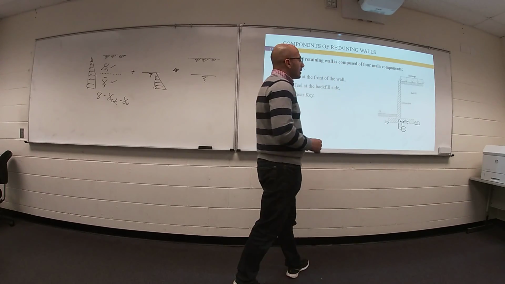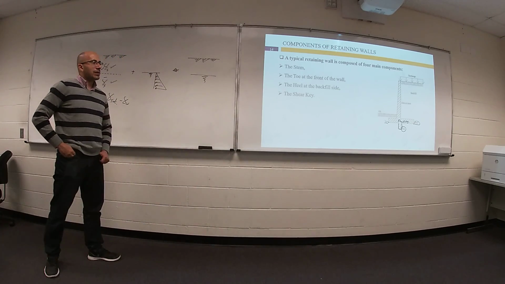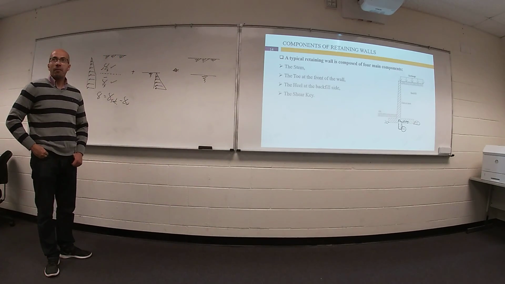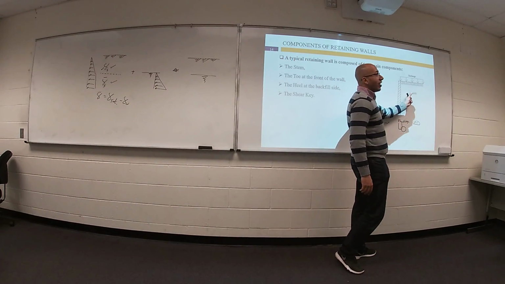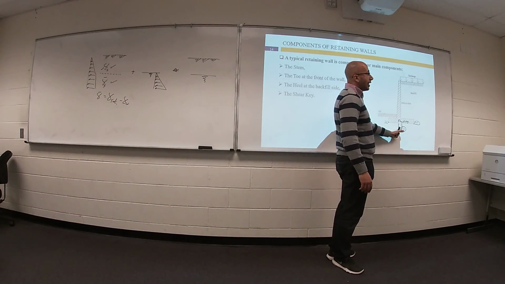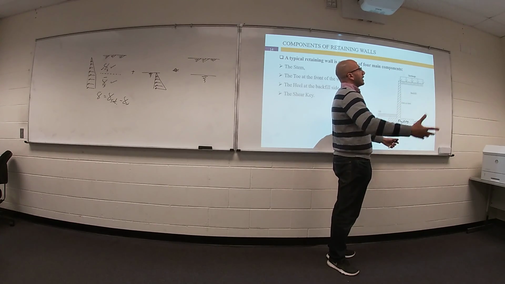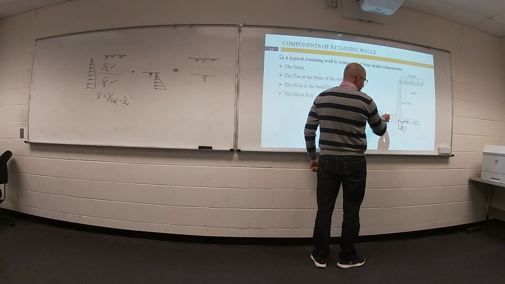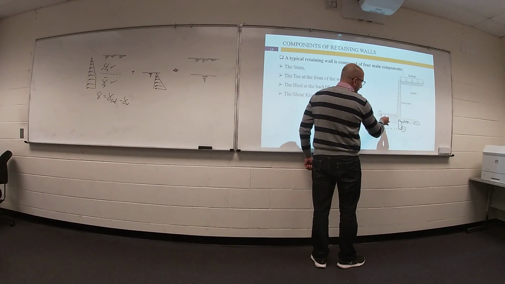Anybody here know what is the main purpose of the key? What's the main purpose? If your slide check is unsafe, this one can help you to increase the resistance for sliding, because your passive pressure will be bigger.